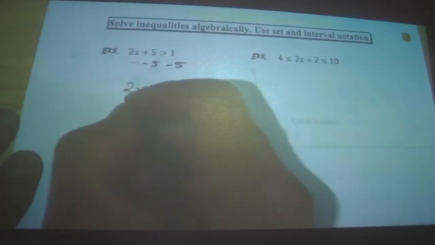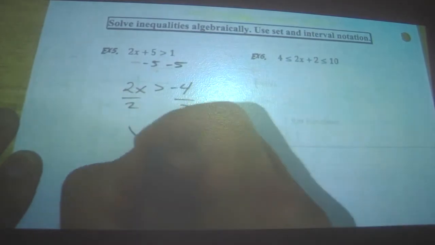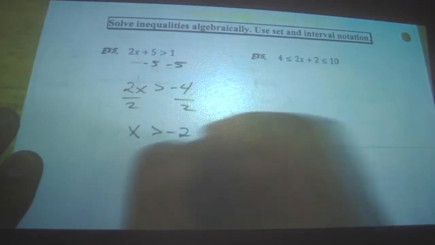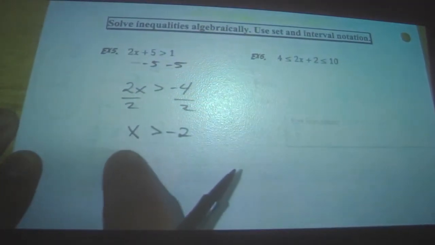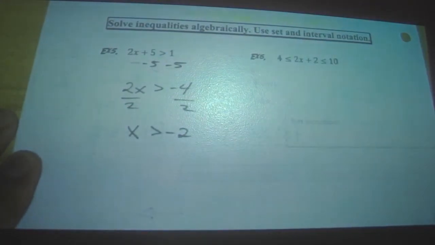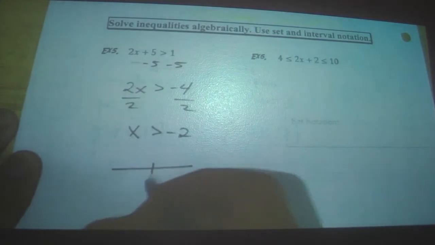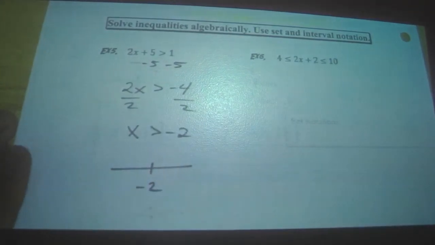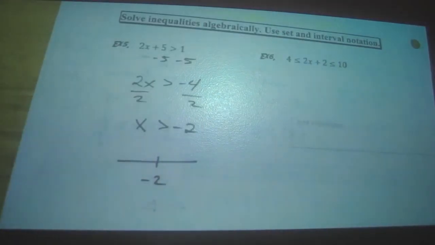And then we would divide. So we're trying to isolate the x. Make sure you have the x always on the left and the number on the right. If it's not that way, flip everything around. And then Wade, parenthesis or bracket, left or right? I got x is greater than -2.